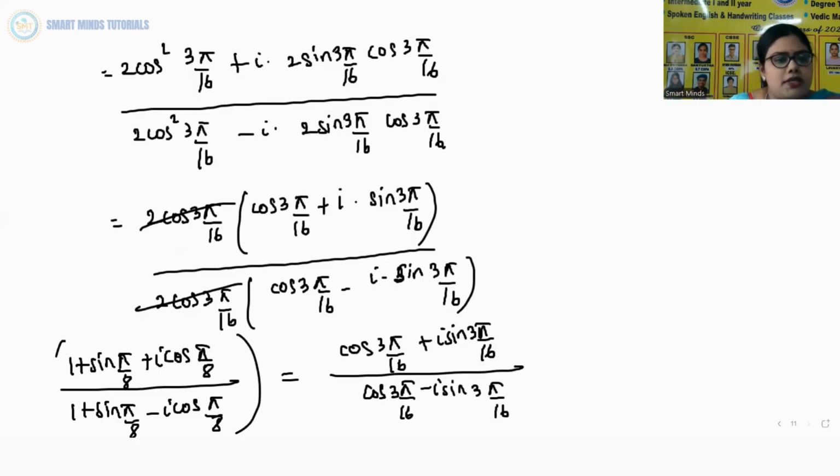Now in the question it is raised to the power 8/3, so let us raise this entire bracket to the power 8/3. So now we are separating numerator and denominator.